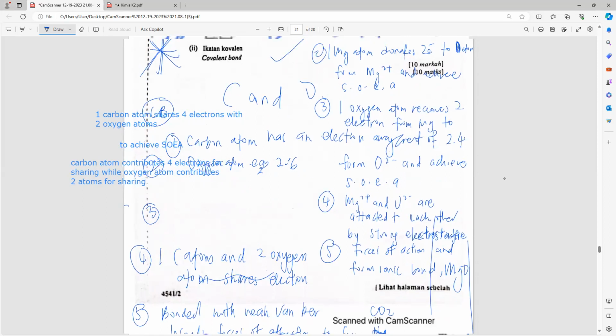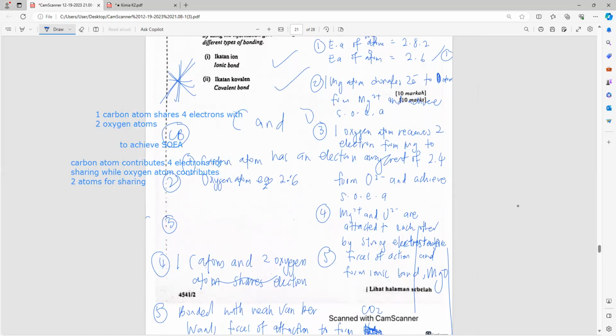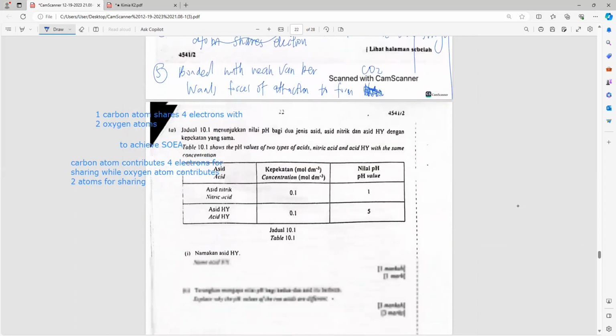Okay, if y'all want to take a picture of this, y'all can, so that y'all can actually memorize it later on. Okay, if y'all feel that y'all want to, okay?